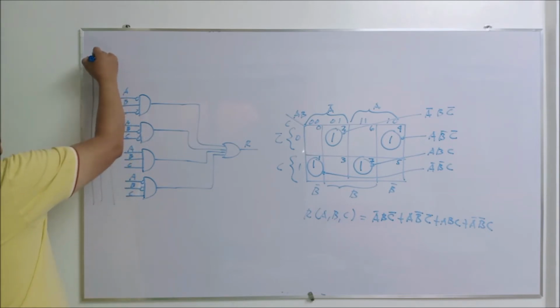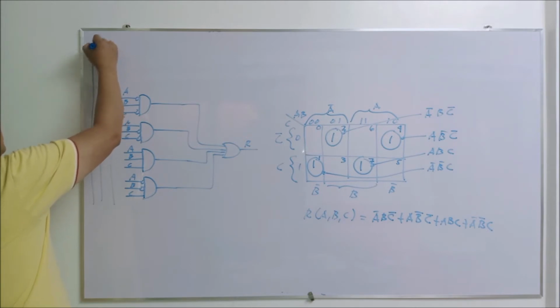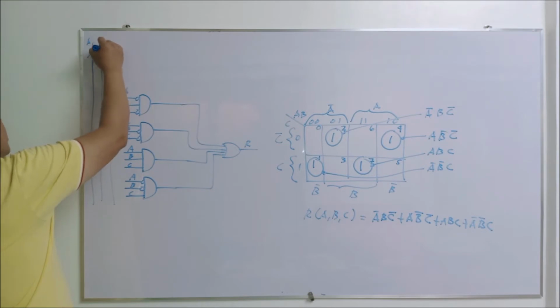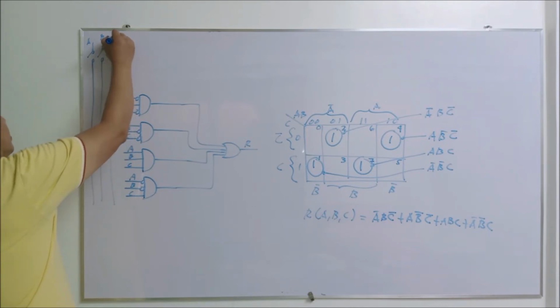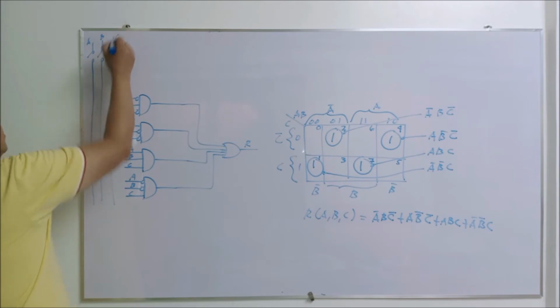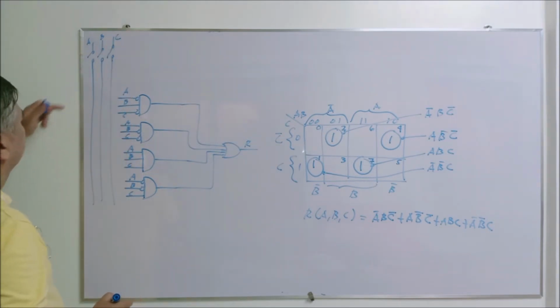Let's say, for example, this is switch A. This is your A, and this is your B, and this is your C. So all A will be connected in this line here.